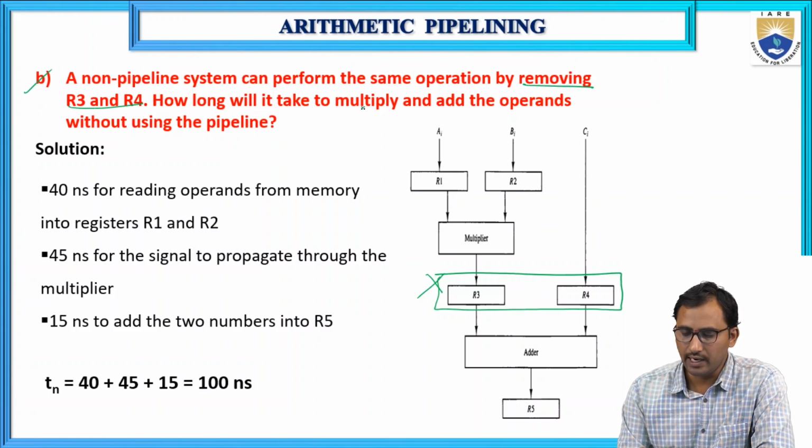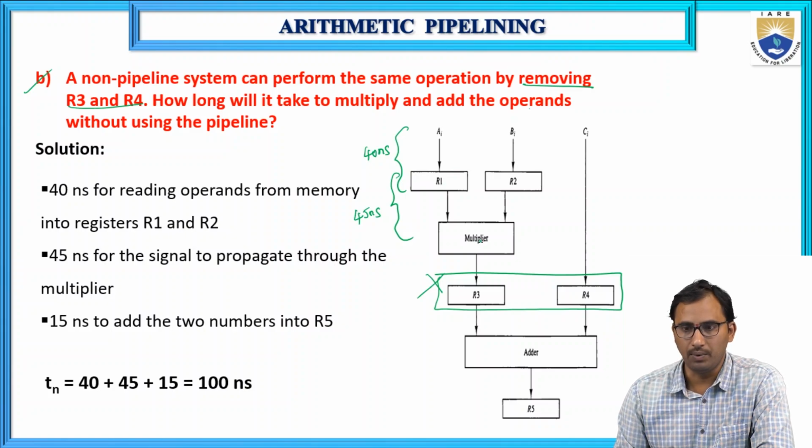How long will it take to multiply and add the operands without using pipelining? We already know the different timings from the pipelining technique. Initially it takes 40 nanoseconds for reading the operands from memory and loading them into the R1 and R2 registers. After that, 45 nanoseconds to transfer that content from R1, R2 through the multiplier.